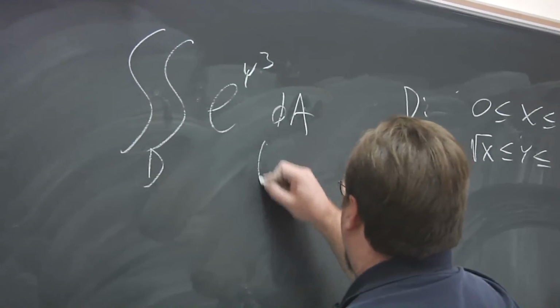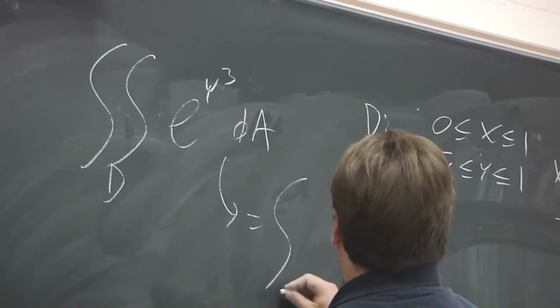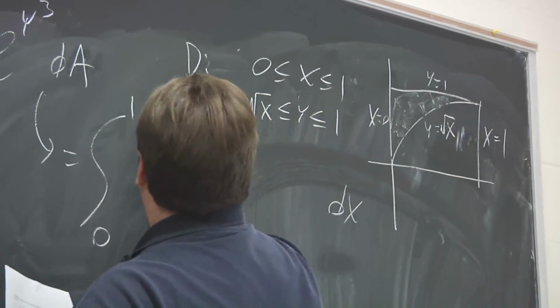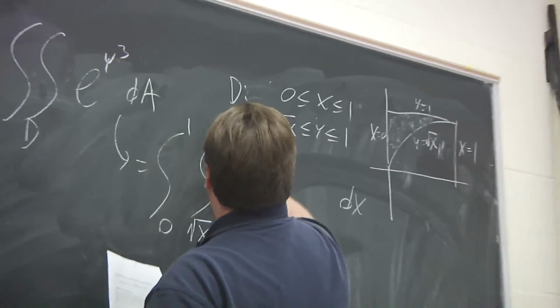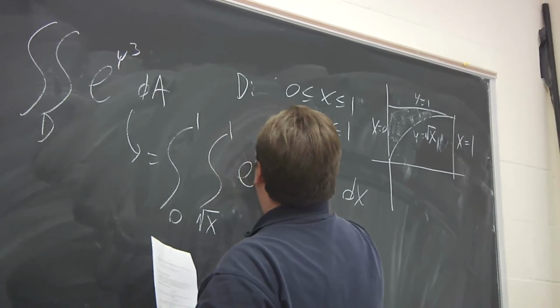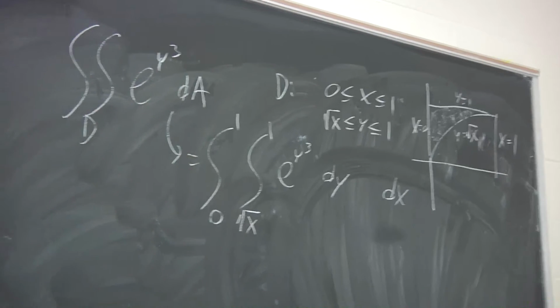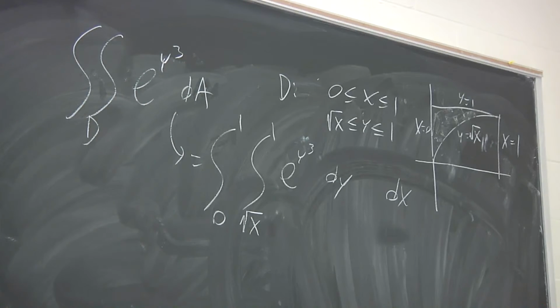So this is going to be the integral from 0 to 1 in x, that's your outer integral. Then your inner integral is going to be square root of x to 1, and you'll fill in e to the y cubed dy. Looks simple enough, but don't try integrating or anti-differentiating e to the y cubed.